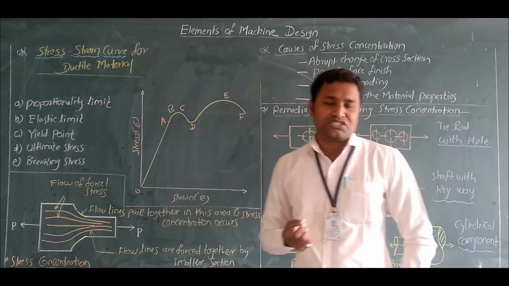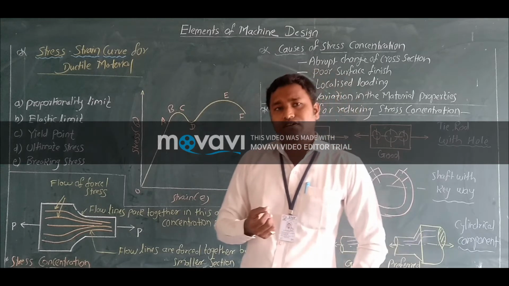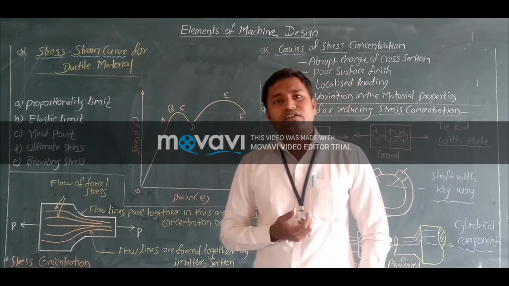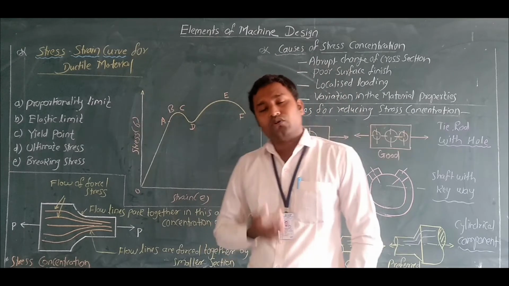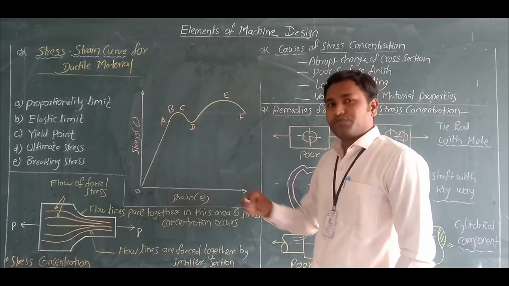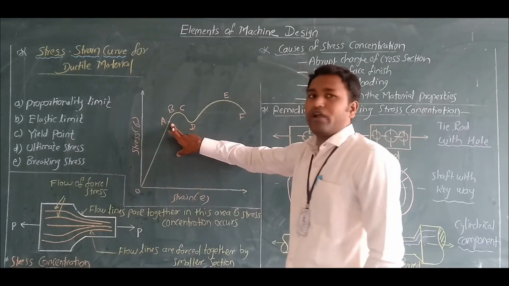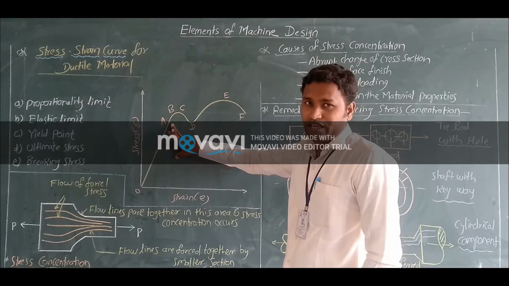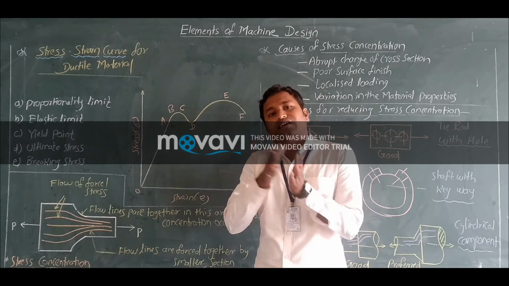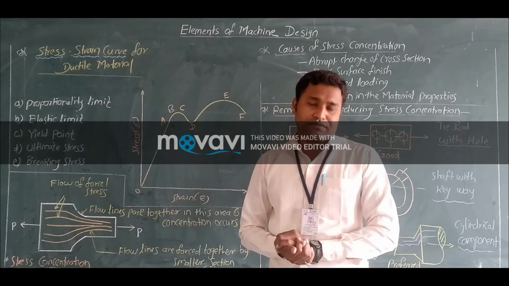Then after, you see the elastic limit. Obviously you know elasticity. It is the property by virtue of which a material regains its original size and shape after the load is removed. When the specimen is loaded beyond this point A up to the point B, the line AB represents the elastic limit.